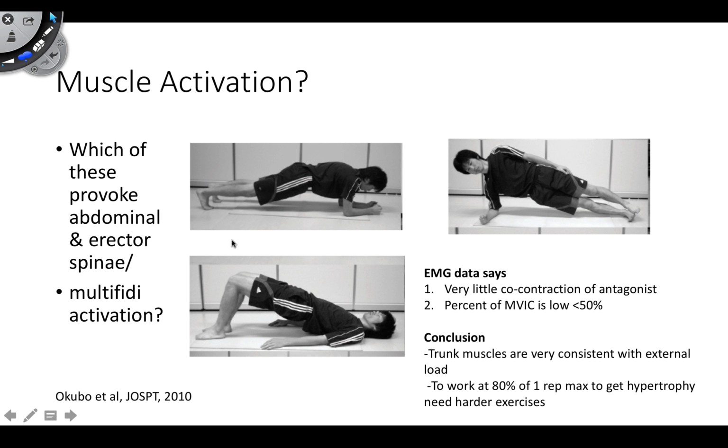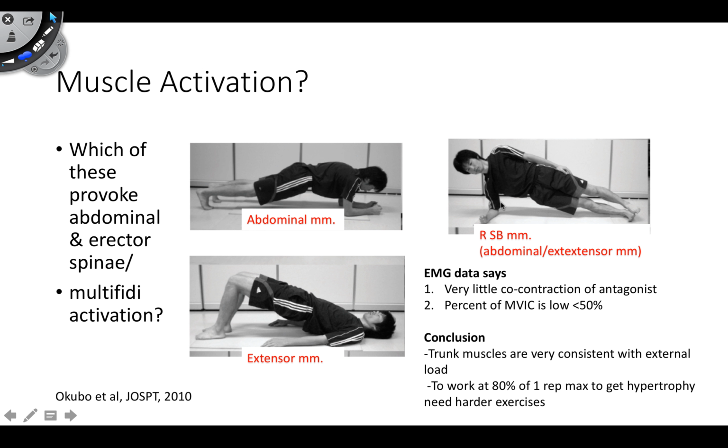So here are some exercises that are typically given for stabilization of the spine. We can see the planks here, where we have the abdominals as the target in the forward plank, the extensors in the bridge type of plank exercise, and then the side benders, which include both abdominals and extensors in this side bending plank.